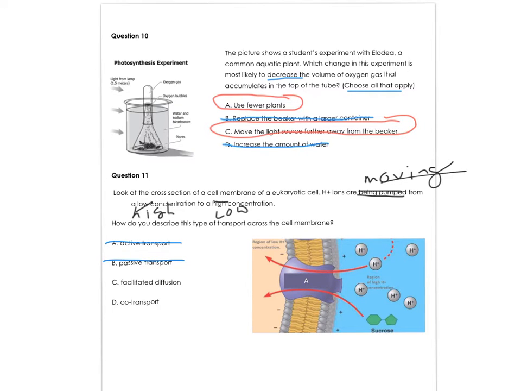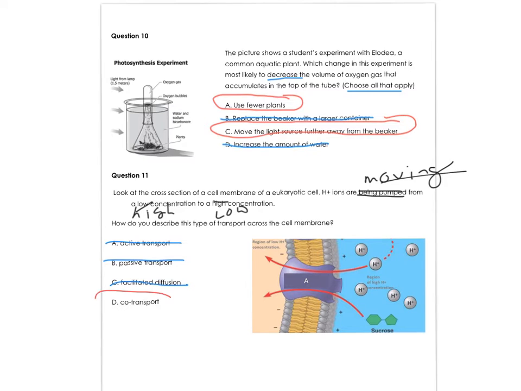Is it facilitated diffusion? Well, it could be. It is certainly one of those possibilities. It's getting help from a protein, but there's something else going on here. There's two of them. Two of them are being transported across the membrane at the same time. So at that point, we'd have to say what we're talking about is not facilitated diffusion. It's not just simple facilitated diffusion.